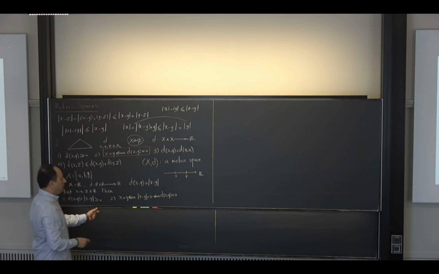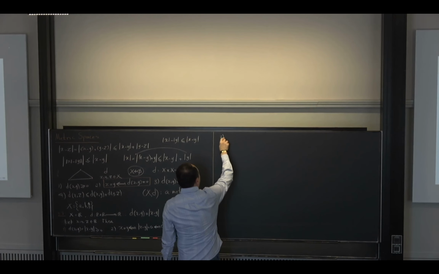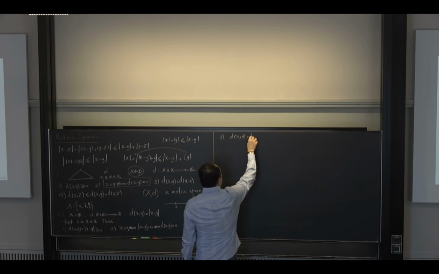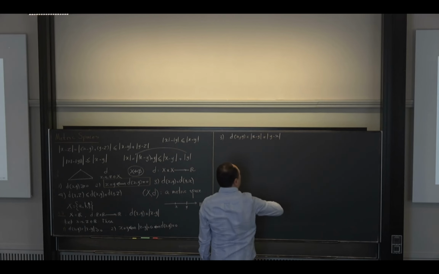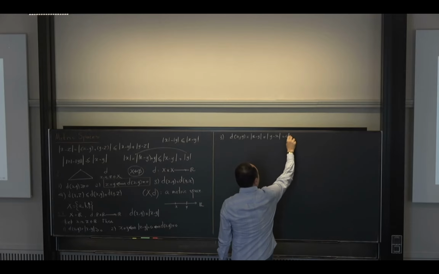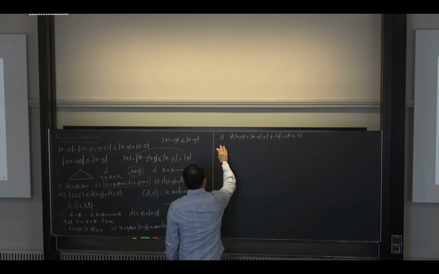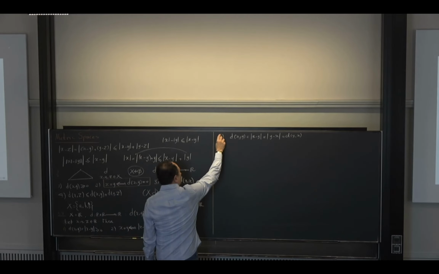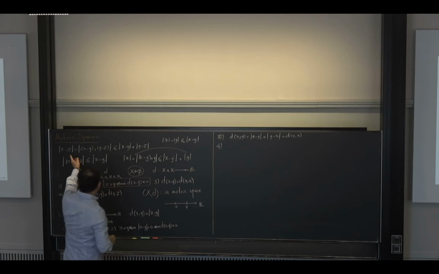So number 3, it's extremely simple, yes? d(x, y) is equal to the absolute value of x minus y, but you can write it as the absolute value of y minus x, and this is the distance between y and x. So symmetry is also satisfied. And number 4, the triangle inequality, is on the board.